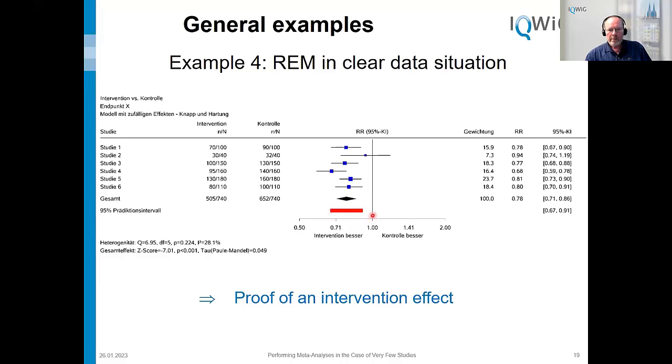Again, this red area is a range which includes with high certainty the true effect of a single study, which is similar to these 6 studies. So this is the average with estimation uncertainty, and this is the range of a true effect in one of these studies.